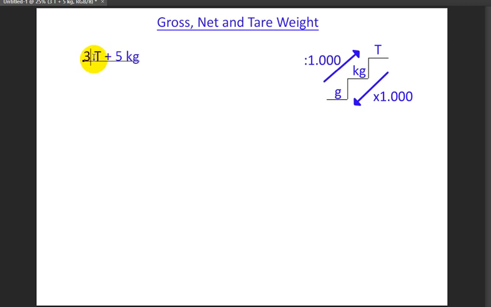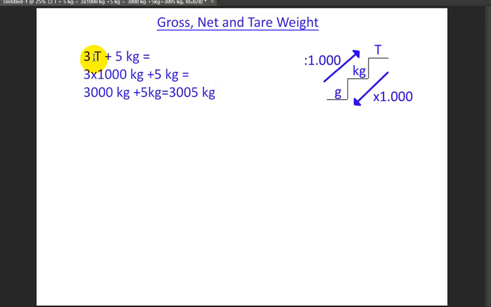I needed to take this 3 and multiply it by 1,000 to turn it into kilograms. And then I can add the 5 kilograms normally. And I should have an equal sign here. And then 3 times 1,000 makes 3,000, and 3,000 plus 5 makes 3,005 kilograms.